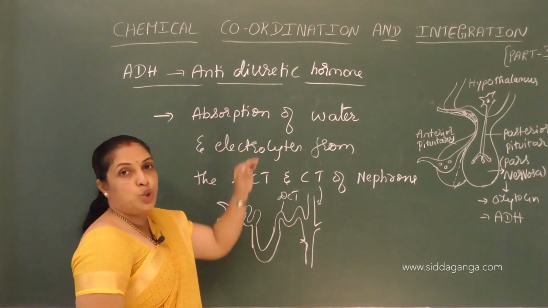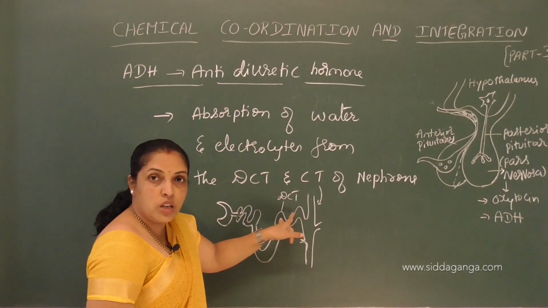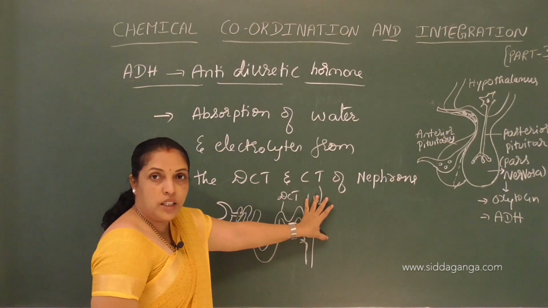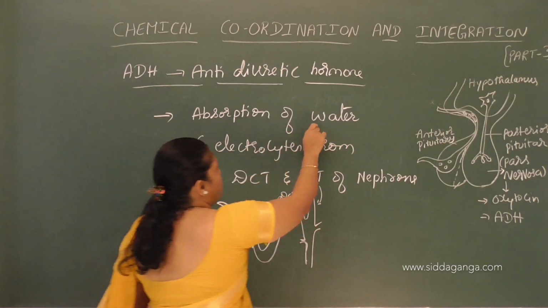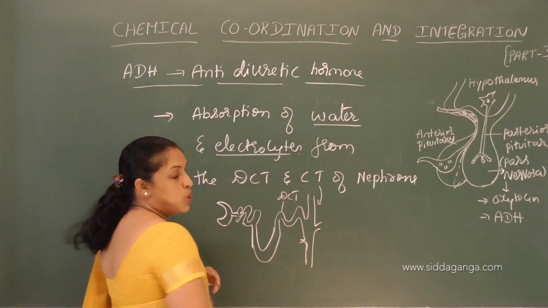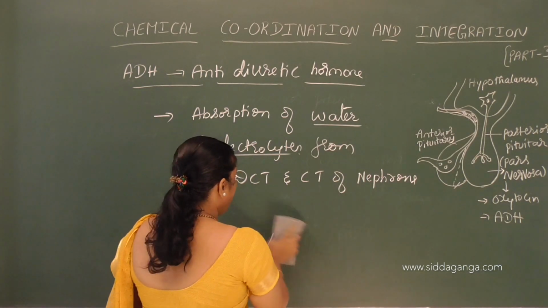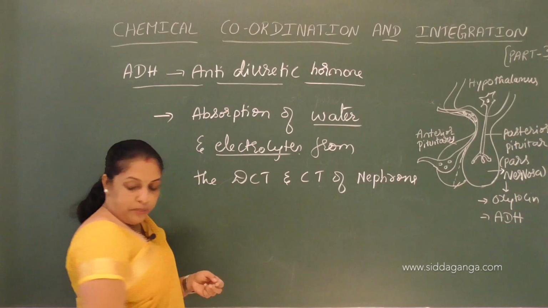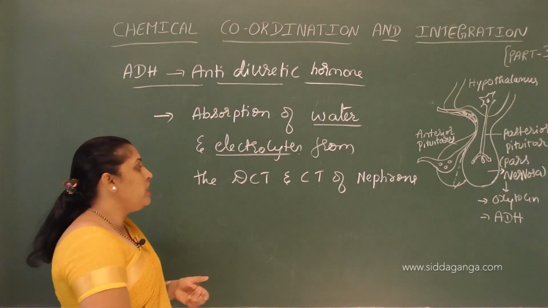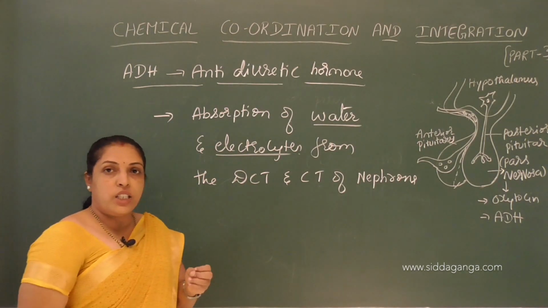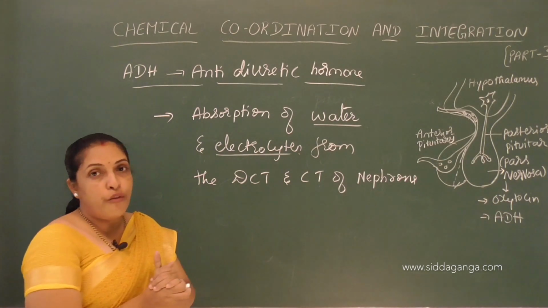This ADH mainly acts on distal convoluted tubules and collecting tubules for the absorption of water and electrolytes. Understood? By absorbing water from the DCT and CT, it prevents the loss of water.